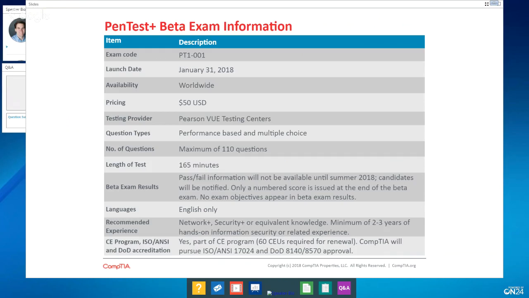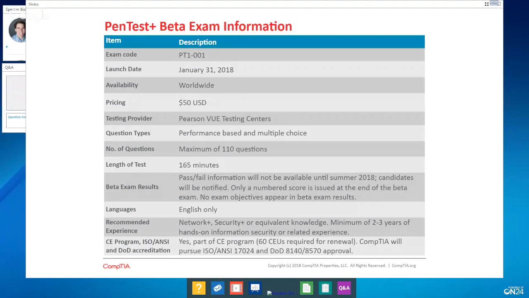The exam code is going to be PT1001. It's going to have, as we said, the performance-based and the multiple choice questions. There'll be 110 questions max. The length of the test is going to be 165 minutes. So if you go to take this beta, be patient, it's a long one.